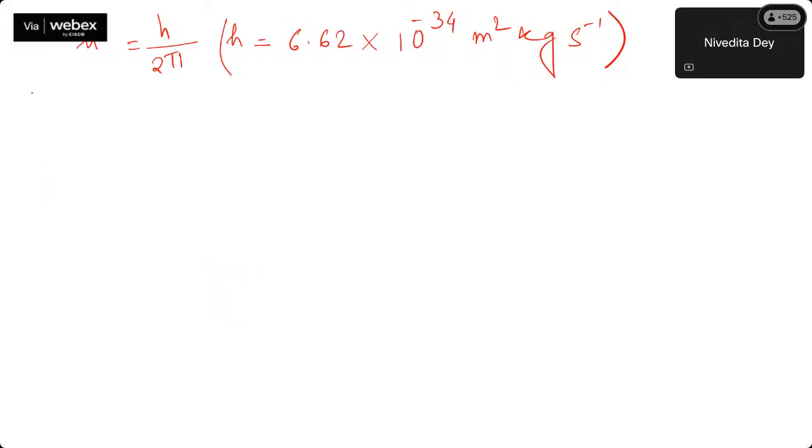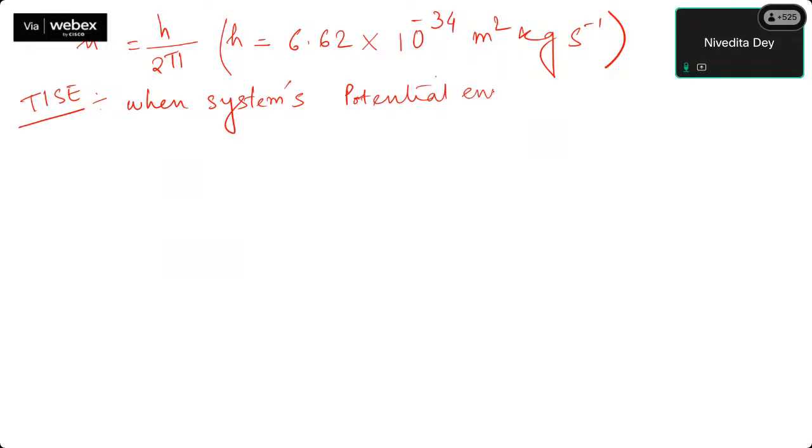And the TISE, the time independent Schrödinger equation, is used when the system's potential energy, from now onwards we will write PE, is not time dependent.